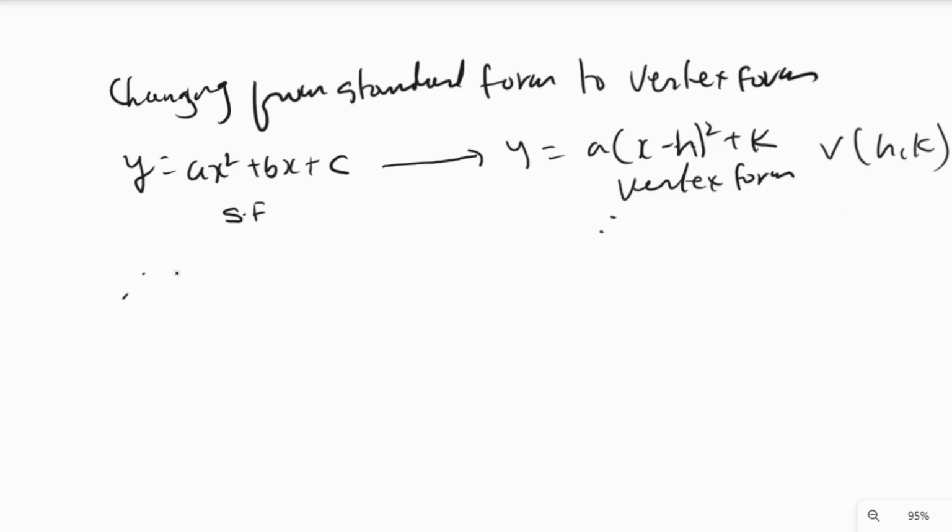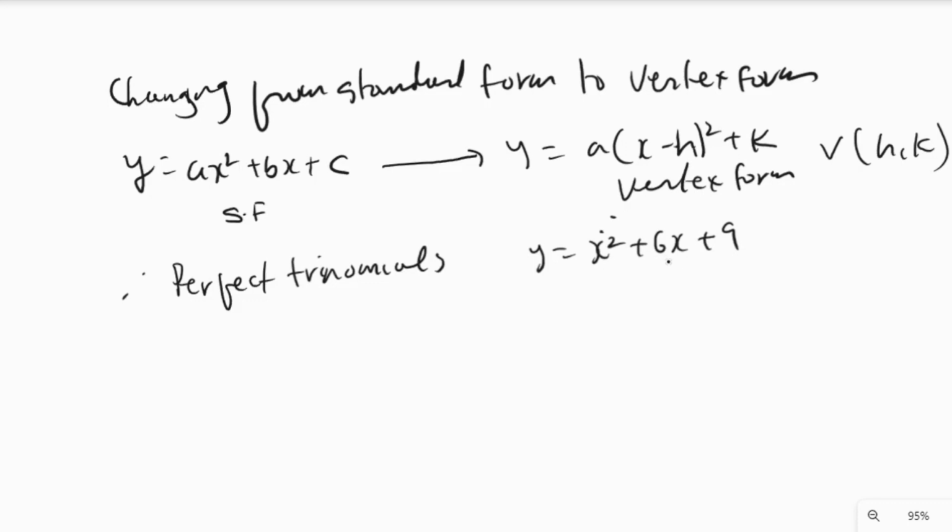So let's see first what are perfect trinomials. Let's try to factor y equal to x squared plus 6x plus 9. The product is 9. The sum is 6.